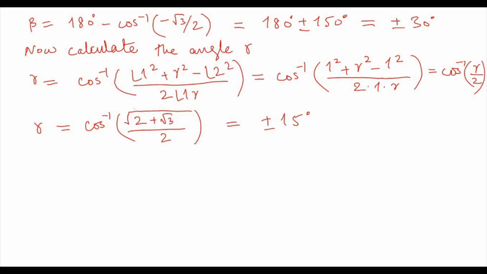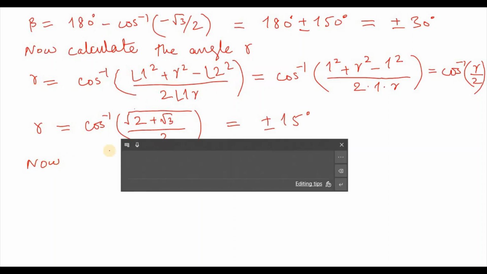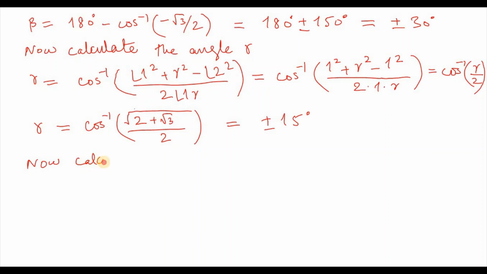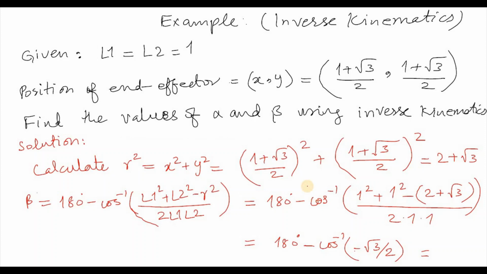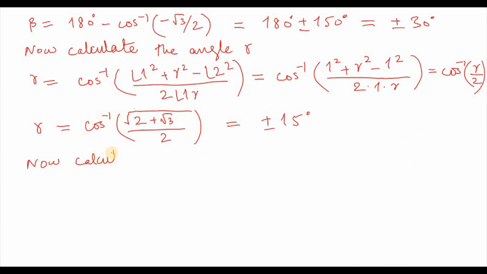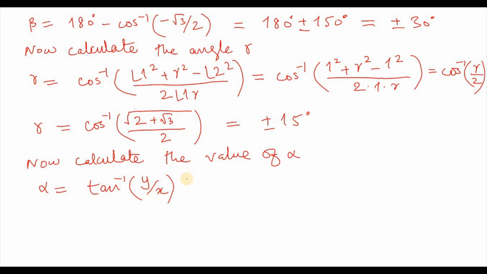So once we have calculated the value of gamma, then we just need to calculate the value of alpha, and we have that alpha is equal to tangent inverse of y over x plus gamma.